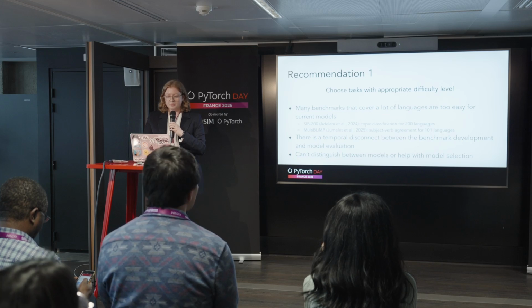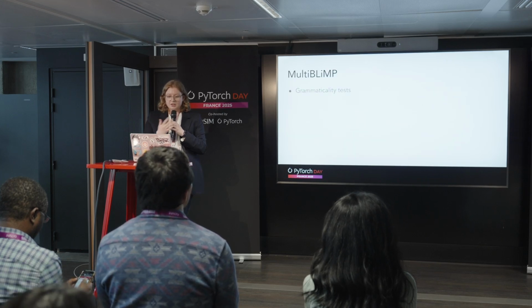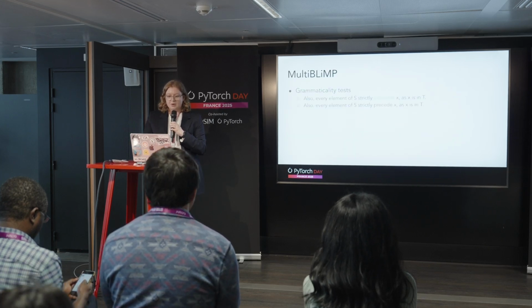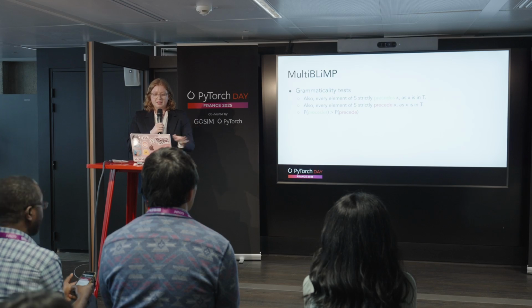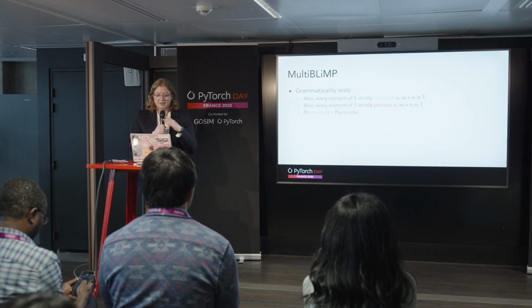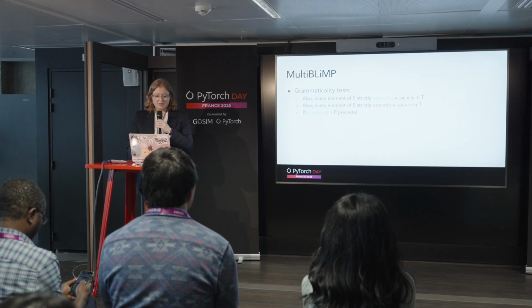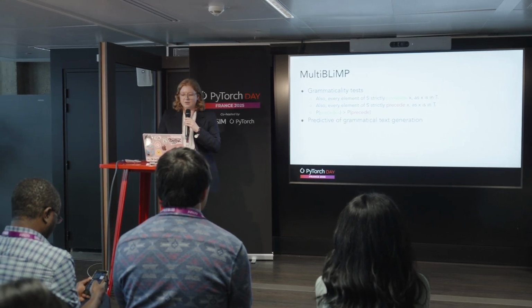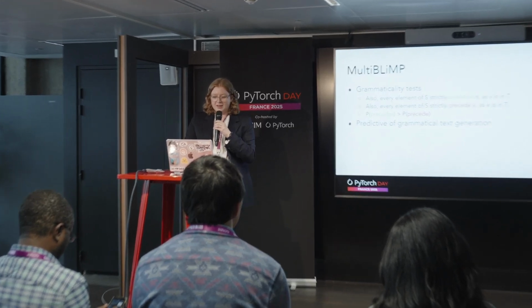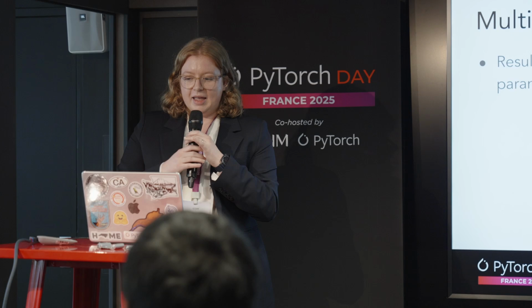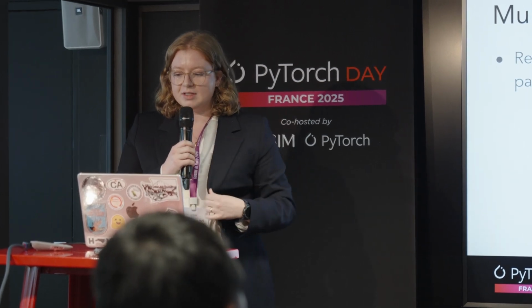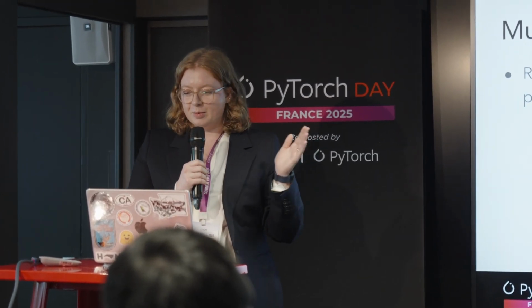Just to illustrate this with MultiBLiMP, this task basically evaluates whether a model assigns higher probability to a grammatically correct sentence than a grammatically incorrect sentence that's minimally different. This is predictive of grammatical text generation, which is not a solved task for many languages. Looking at the results, for English we're pretty much at ceiling.